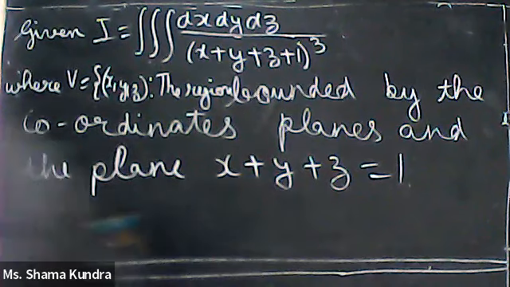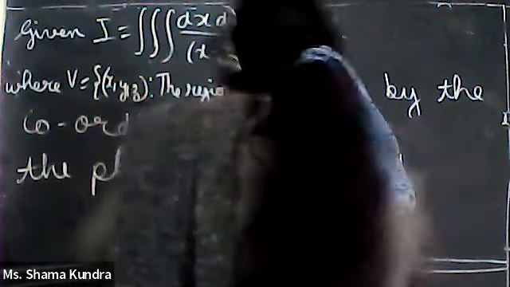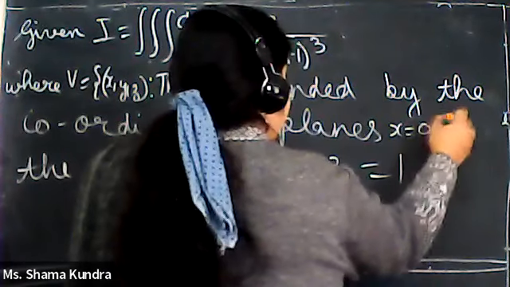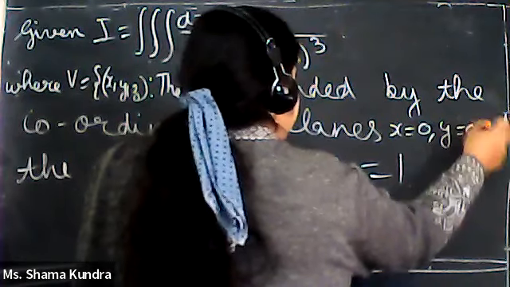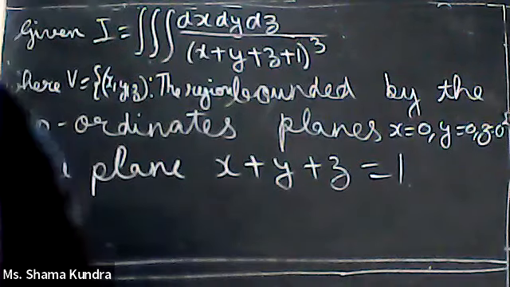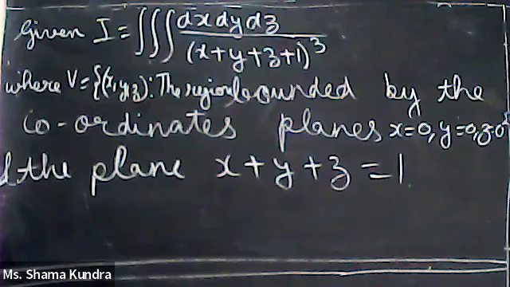You can mention coordinate planes over here to overcome confusion. x equals 0, y equals 0, z equals 0, and x plus y plus z equals 1. I have started.